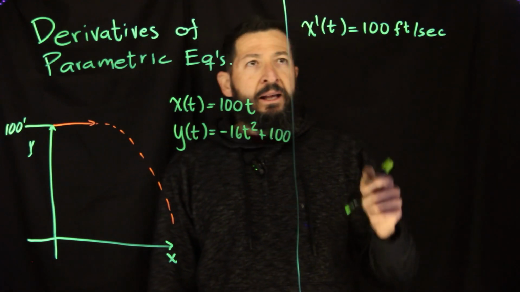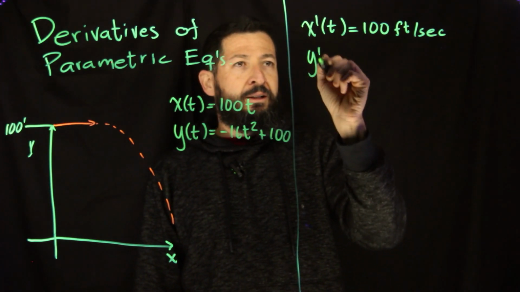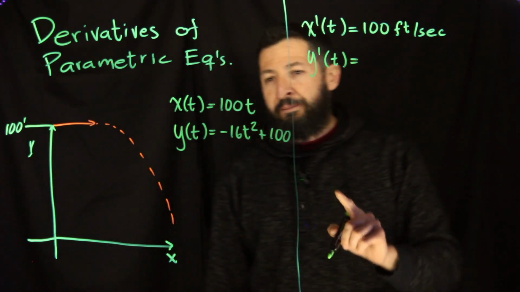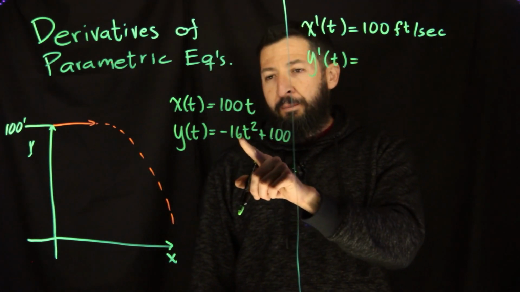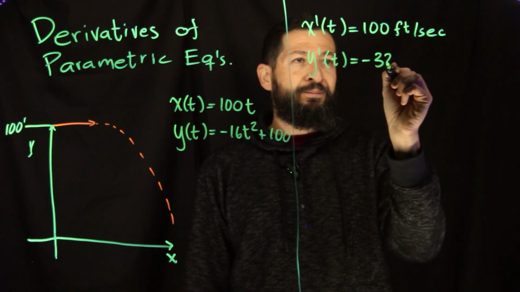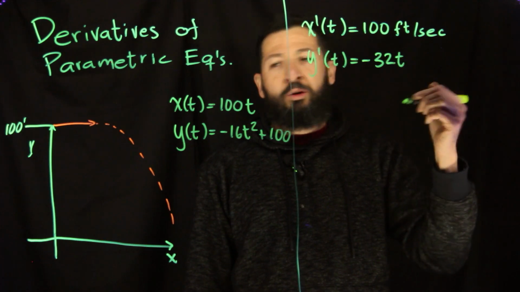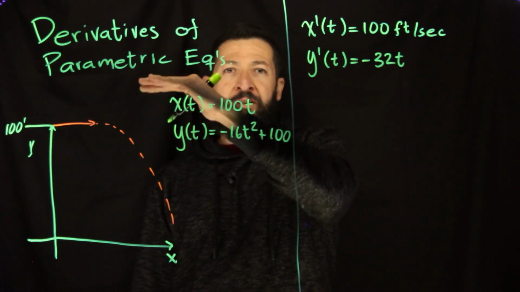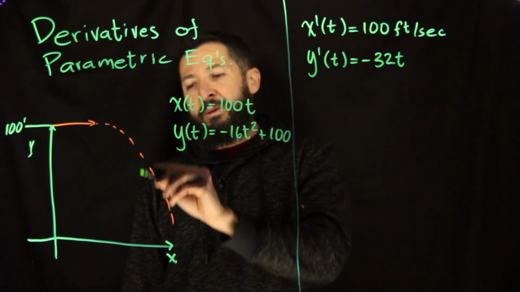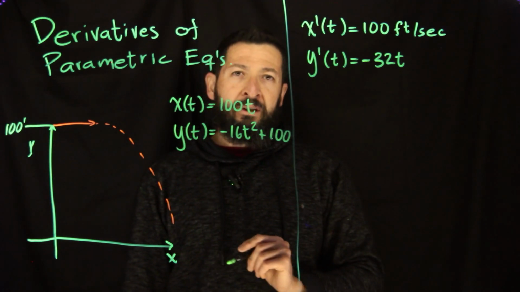Now, if I take the derivative of the y coordinate, let's compute it: negative 32t. And that also gives me the velocity, how this is moving vertically. At any given time t, it gives me the vertical component of the velocity vector.